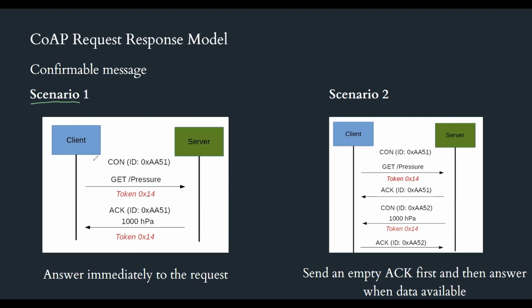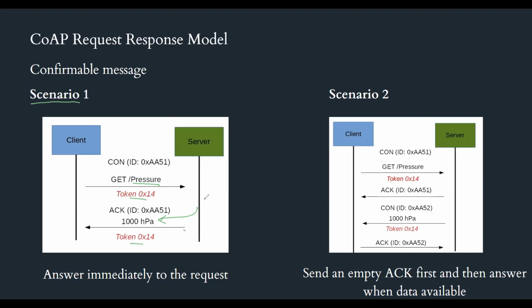For example, if this client is requesting pressure information, then the server can give back that information at the moment the client requested it. It can provide it as soon as possible, with the same token, with the same ID, and so on.